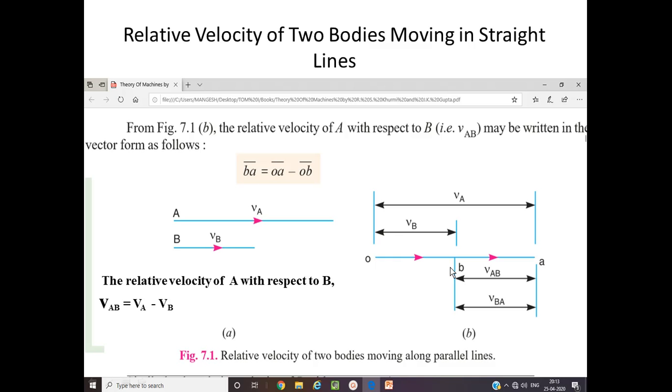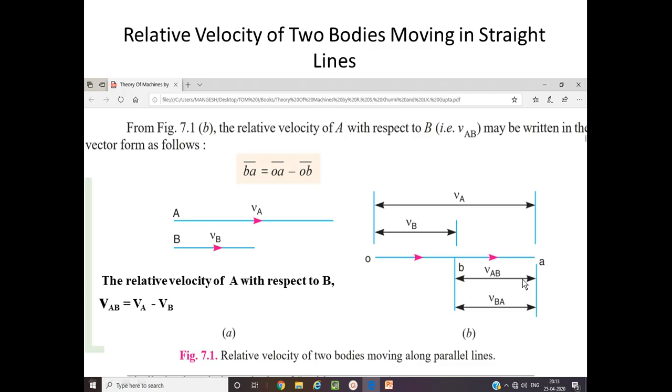Then what is the value of the velocity of body A with respect to body B? Relative velocity of A with respect to B is equivalent to the BA bar. This vector BA is equal to vector OA minus OB bar. Total vector OA minus vector OB is representing the vector BA bar.